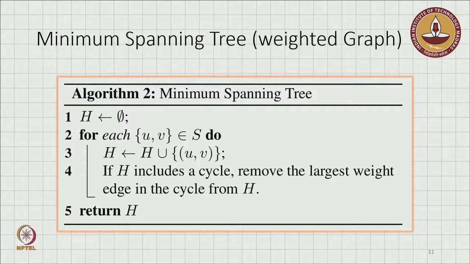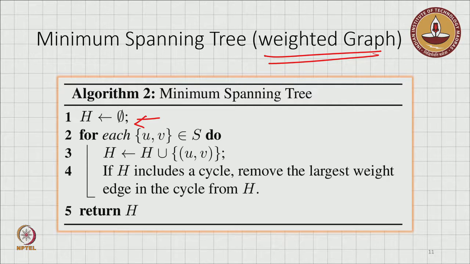Okay. Now let's look at a weighted graph, and we want to compute, let's say, the minimum spanning tree. How do we do that? Well, this again is a very simple algorithm. We of course start with the empty minimum spanning tree, and we look at one edge at a time.